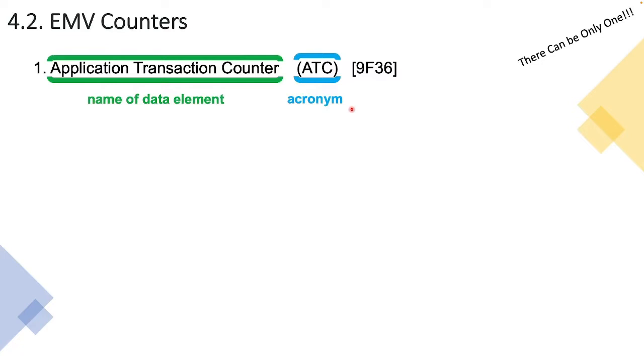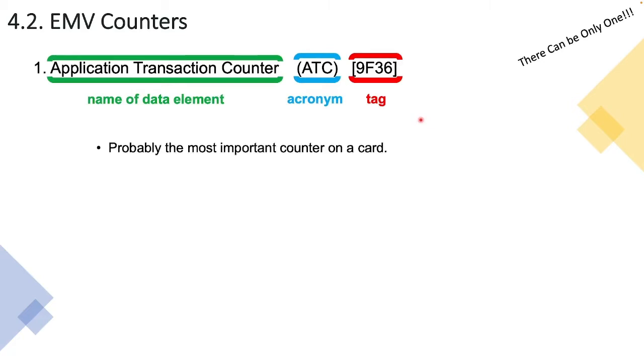So generally in general conversation, we would just say the ATC value is equal to 43 as an example, right? And people generally understand what you are referring to when you say ATC. The last component is the tag, and this is for the ATC. The tag is 9F36. Okay, and when you write an element to a card, you generally have the tag with the associated value, right?